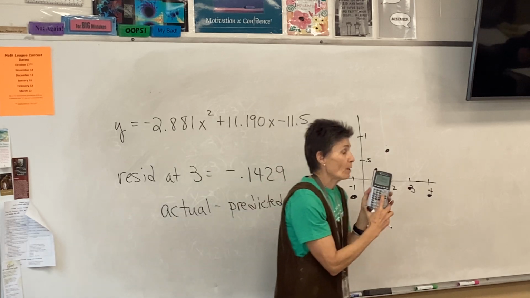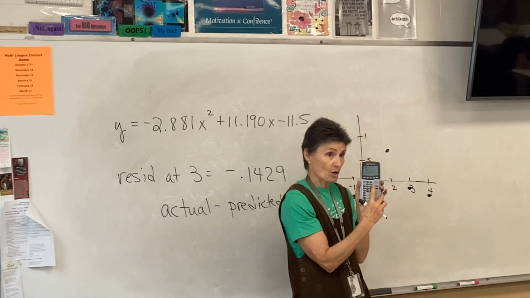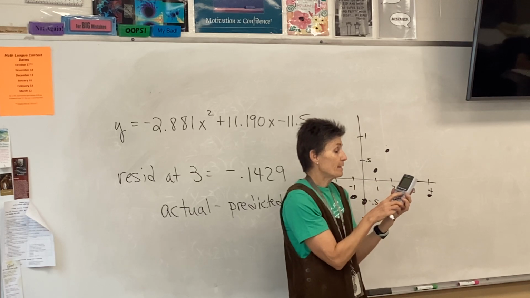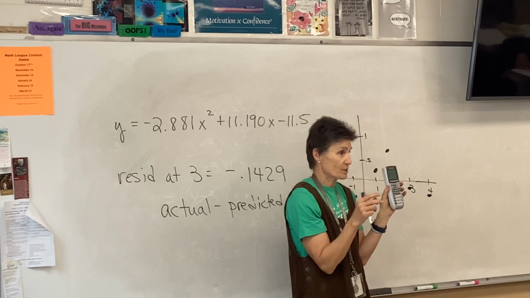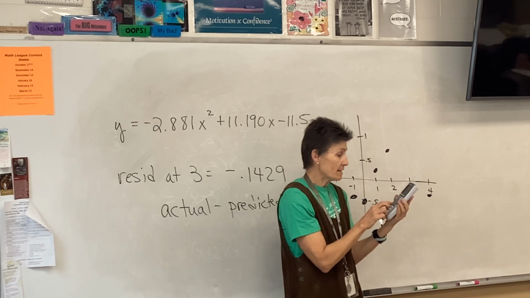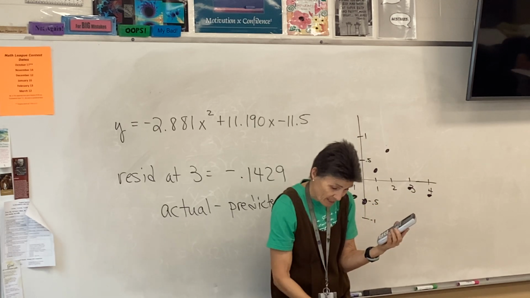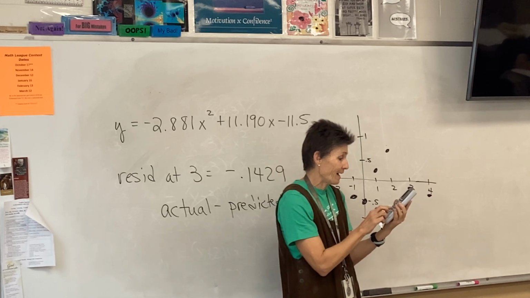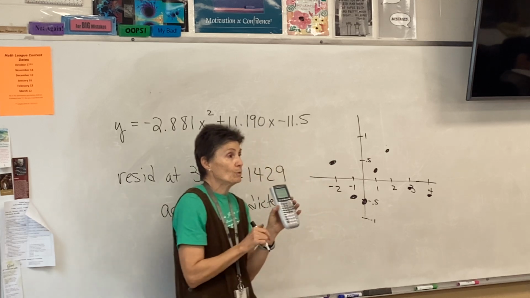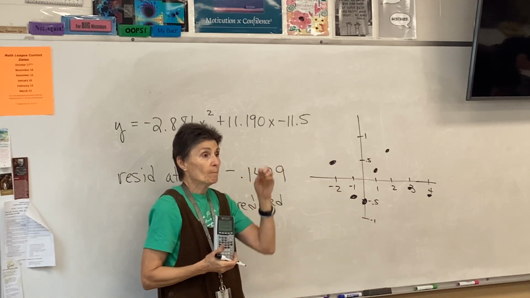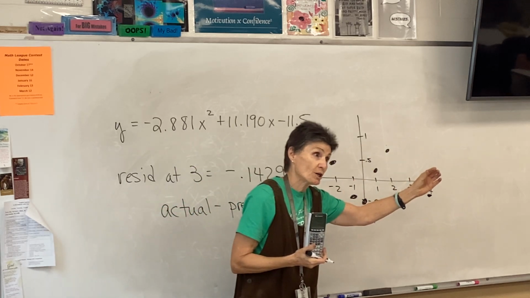Press vars, y vars, function, and y1, just like we've done before. And then in parentheses, next to that y1, put 5. And it will give you the value plugged into the whole equation.